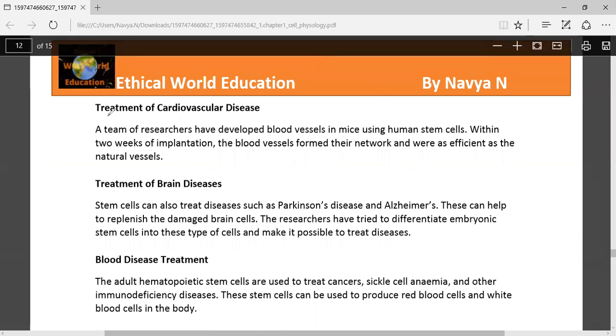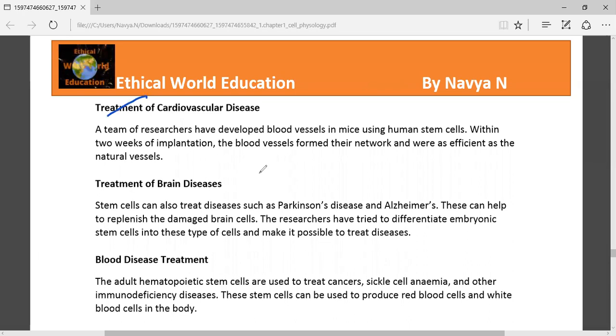It is also used for the treatment of cardiovascular disease. Here, a team of researchers developed blood vessels in mice using human stem cells. Within 2 weeks of implantation, the blood vessel network formed, and it was as efficient as natural vessels.